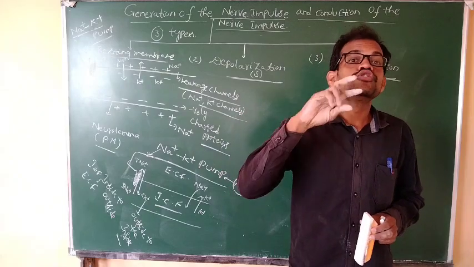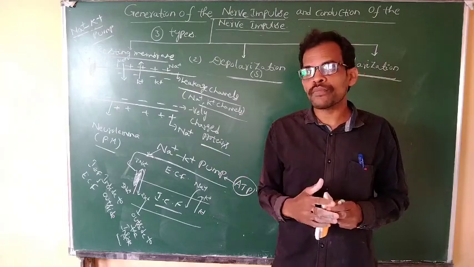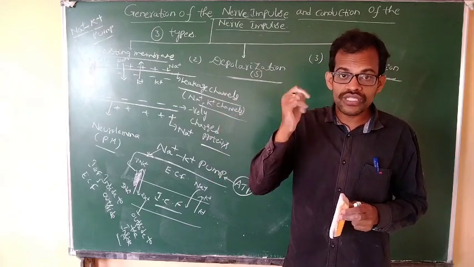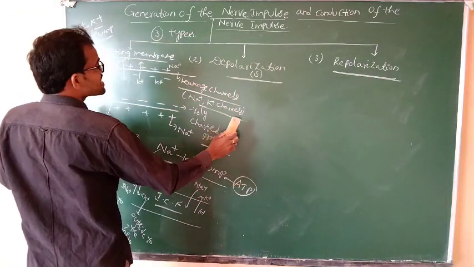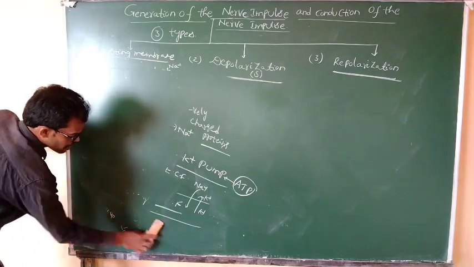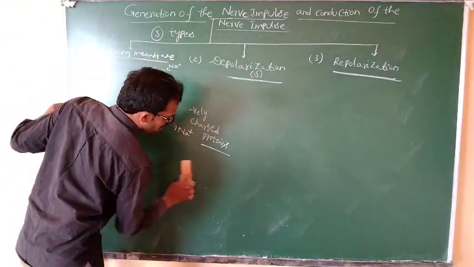This is maintained by the sodium-potassium pump. Three sodium ions move from the inside to the outside, and two potassium ions move from the outside to the inside during the resting membrane potential. What conditions happen during the resting membrane potential?